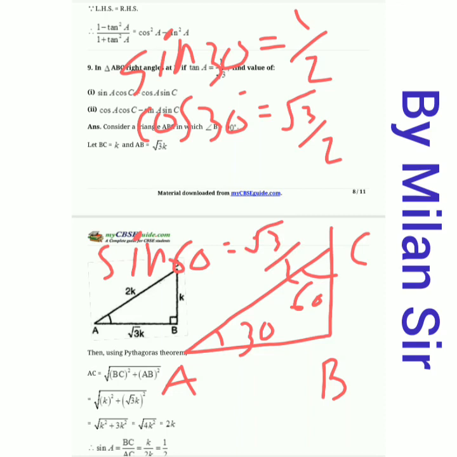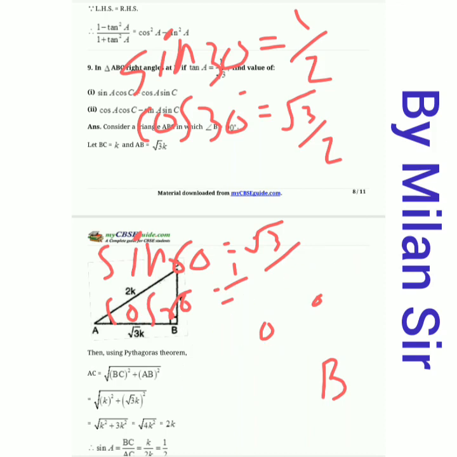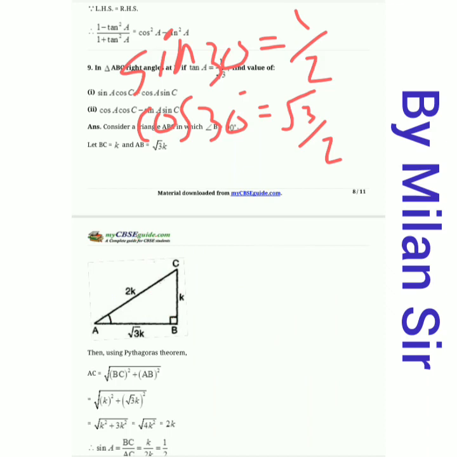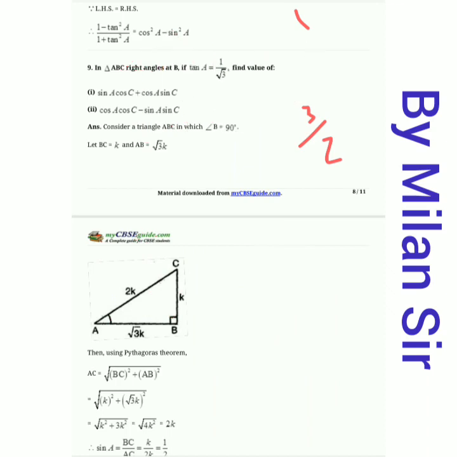And cos C, that means cos 60, it's 1 by 2. So without drawing the triangle, we can directly find all four values and put them in our equation. So we can use this way also.